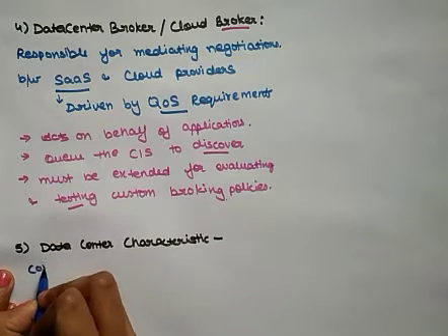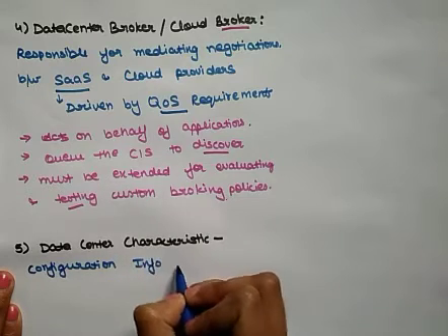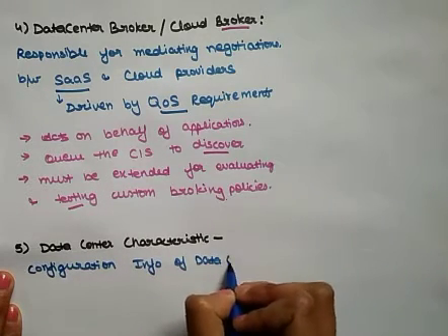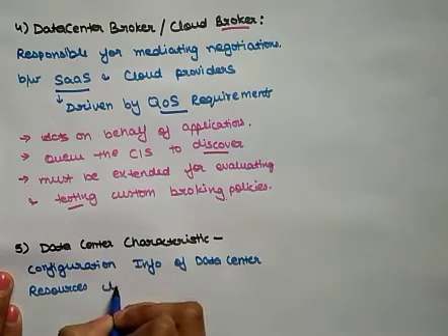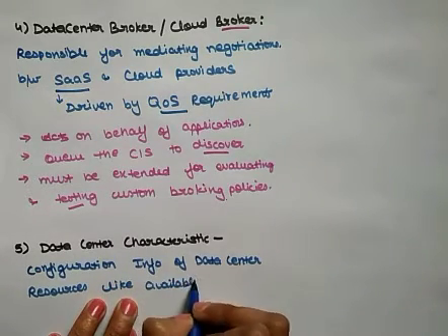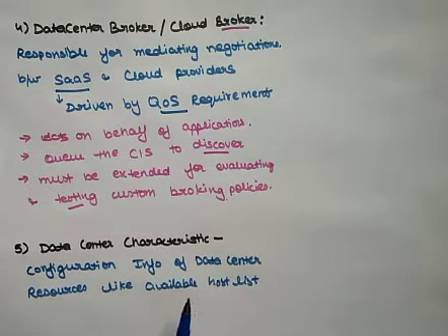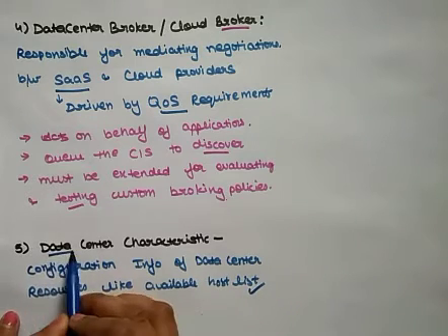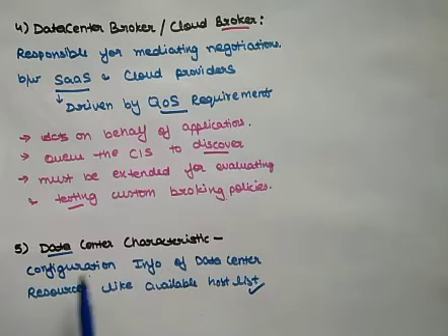It contains configuration information of data center resources like the available host list and the fine-grained cost for each resource type, right? This is a general class that is used for the configuration information of data centers. All the requirements and all the system configurations are handled by this class.